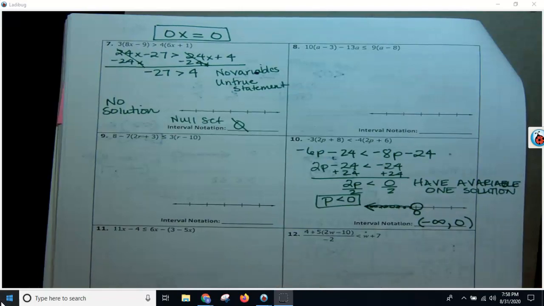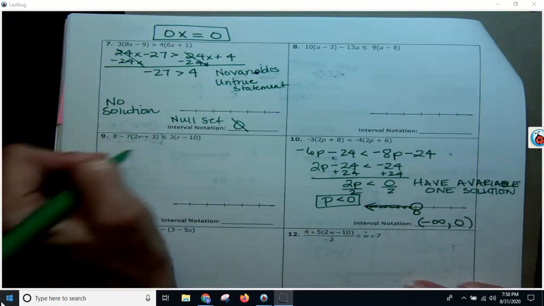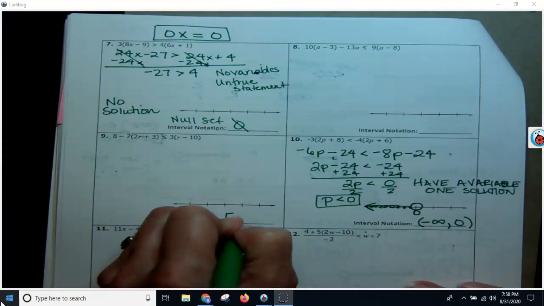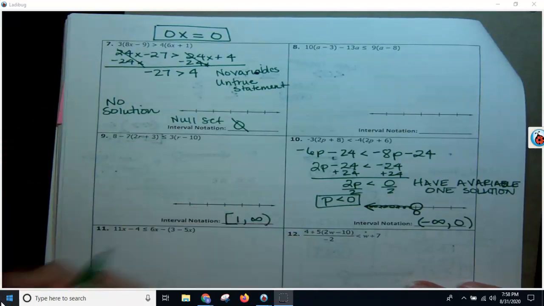All right. And we haven't done any that have been equal to. If you want to do this one, it's going to be 1 to infinity like this. So see if you can work that one out. But I want to do this one.